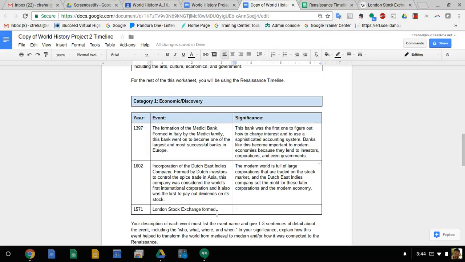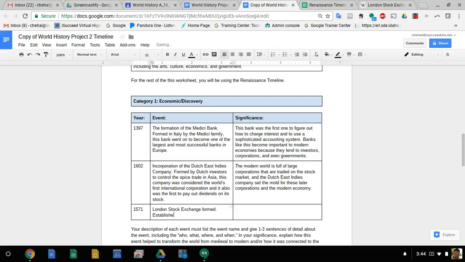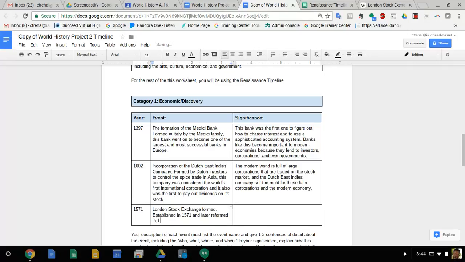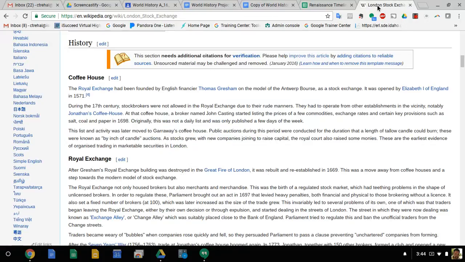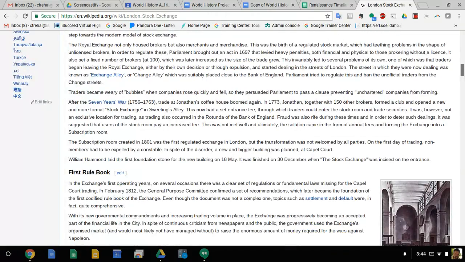Alrighty, so I get into this. Formed in this stock exchange. What did it say there? It was down here where it talked more about this.